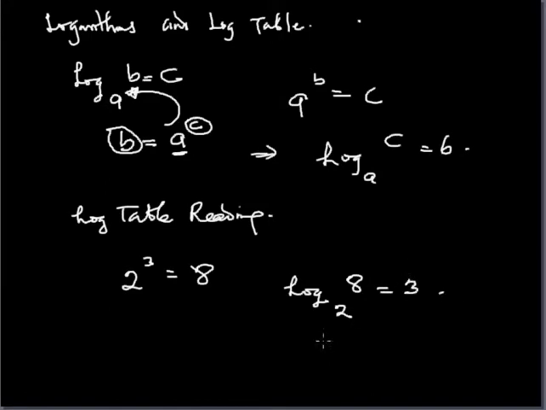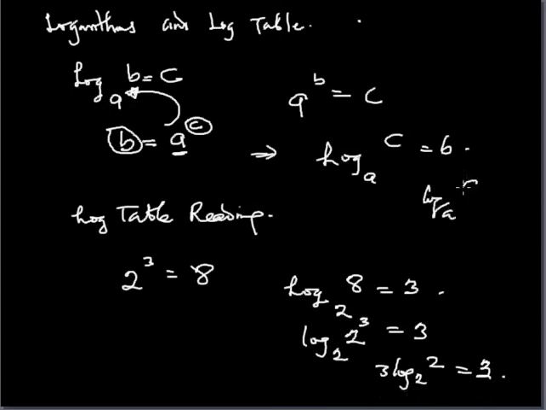If you prove this, you realize that you have log 2 raised to power 3 is equals to 3 log 2 to 2 is equals to 3. You realize that log A to A is equals to 1. So it's 3 times 1 is equals to 3, which is 3.